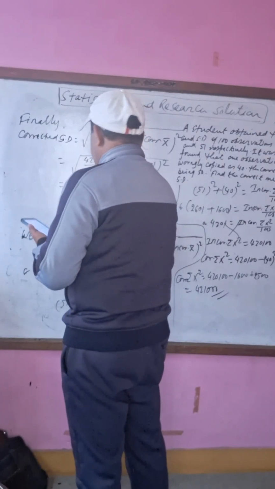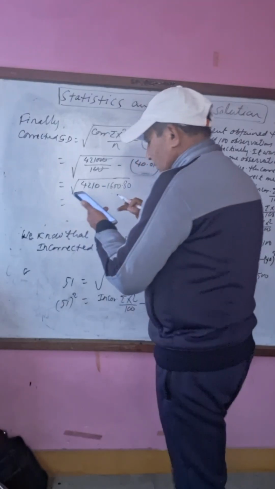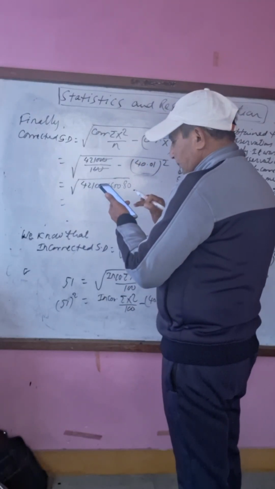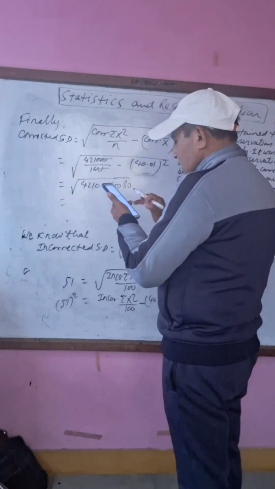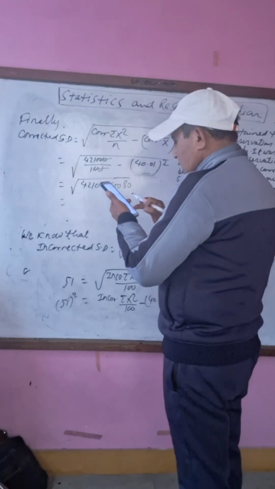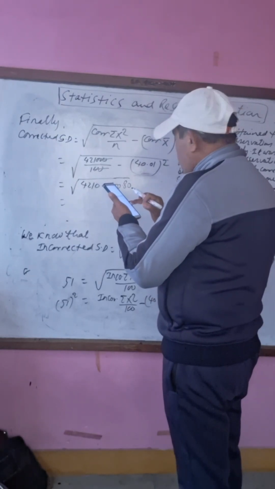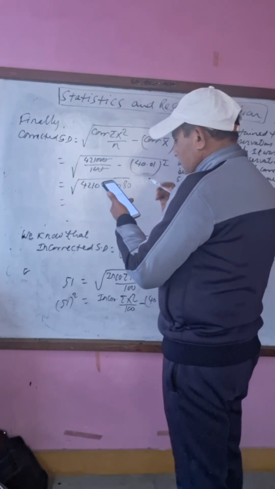Okay, now we subtract 4210 minus 1600.80.